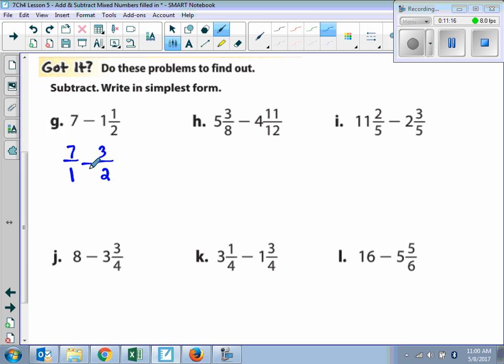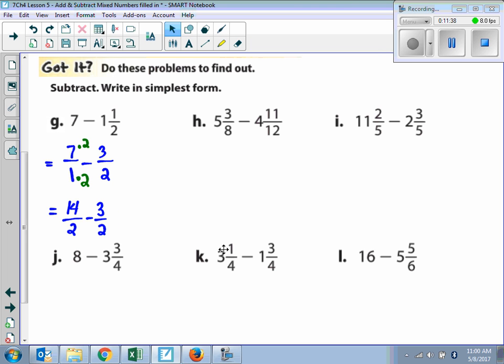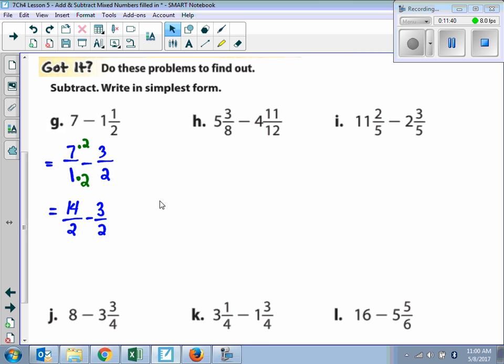Now, in order for us to subtract, we need common denominators. With 1 and 2, of course, the common denominator is 2. So when we rewrite, we have 14/2 minus 3/2. Okay? So 14/2 minus 3/2 is equal to? 11/2. Very good. 11/2.